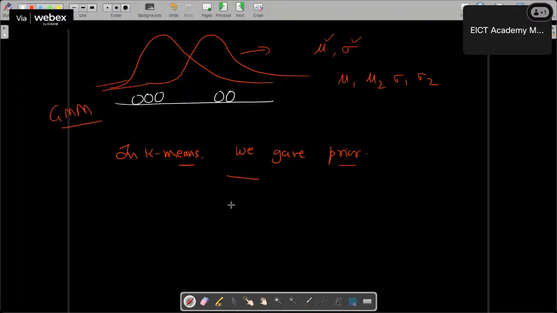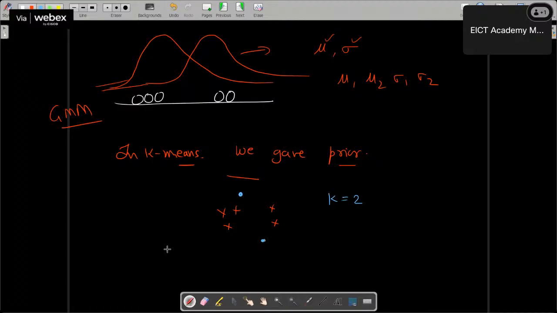Here in K means, let's say these are the data points. The k value in advance is equal to 2. Okay, so k is equal to 2 means two centroids. This one is one centroid, this one is another random one.